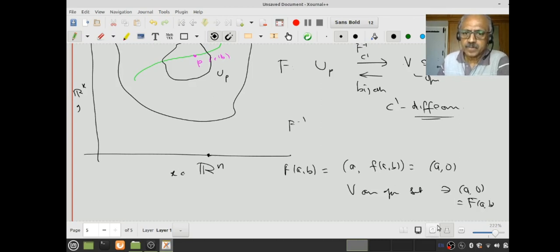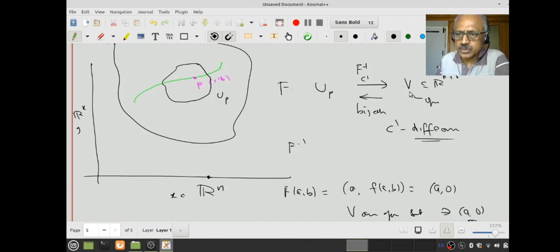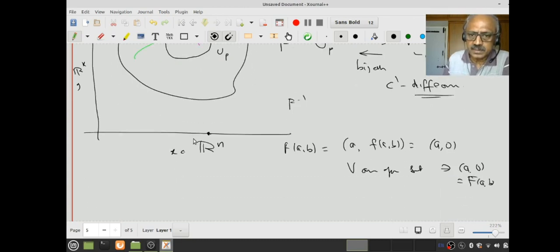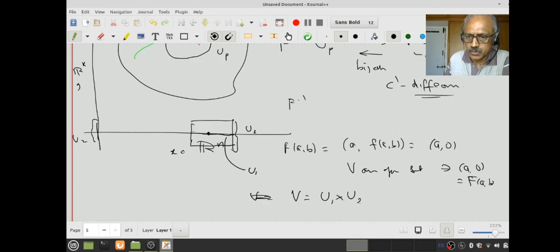Now what I can do is assume that this open set containing this point is a product of two neighborhoods. This is my U1 and this is my U2. Therefore, I can assume V is of the form U1 cross U2.